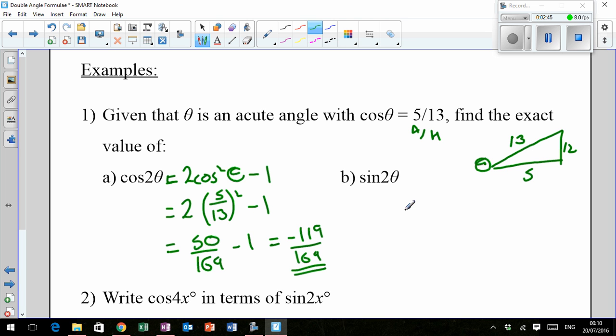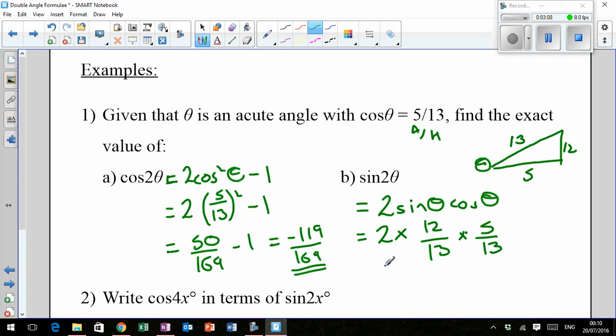Okay, sine 2 theta, we only have one expansion for that, and that's 2 sine theta cos theta. Again, just from the formula sheet, which means we're doing 2 multiplied by sine theta, which is 12/13, multiplied by cos theta, which we already know from the question is 5/13.